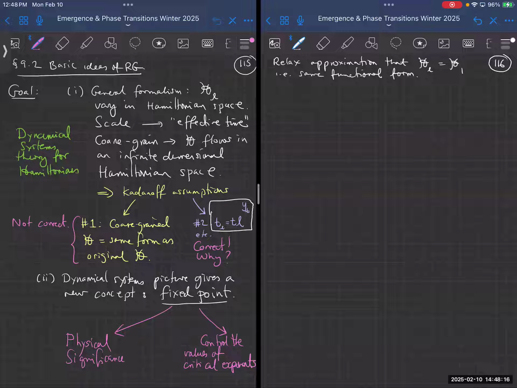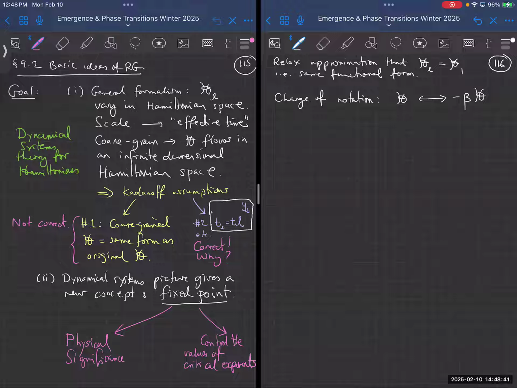So how are we going to do that? First of all, I'm going to make a slight change of notation. I want you to be nimble and aware of this. Sometimes I will talk about the Hamiltonian, and sometimes I will say it's easier to talk about minus beta times the Hamiltonian.